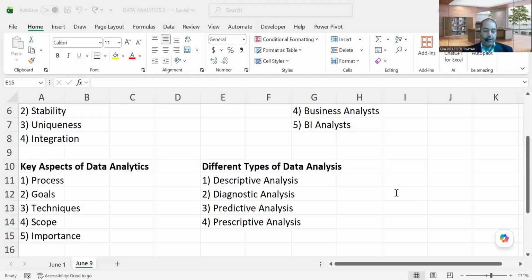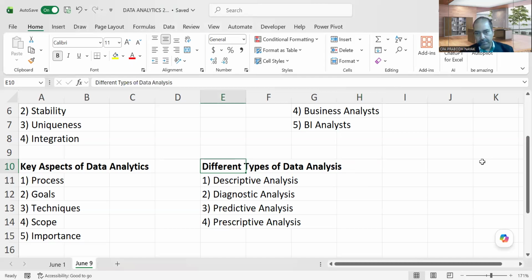So let us start with the first one. We can call them analysis or analytics, either way. I can use the word analytics also.